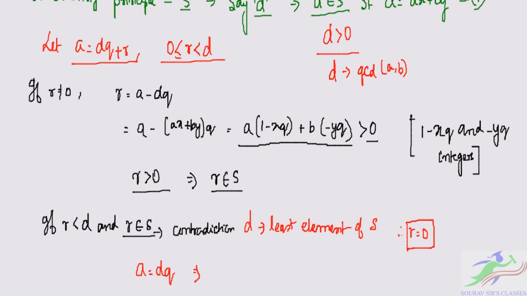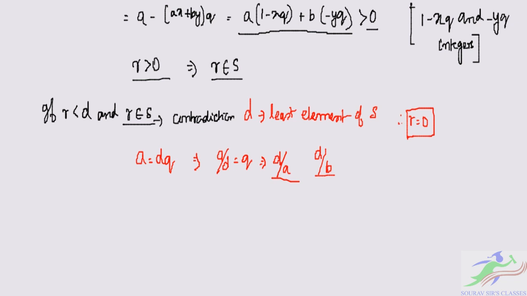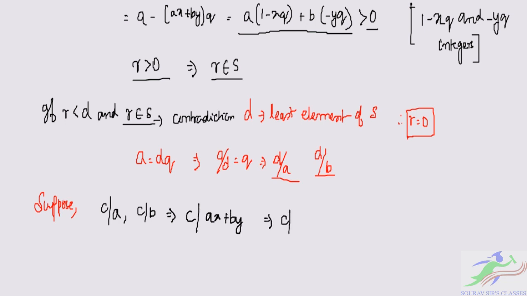So from here you can write A by D is equal to Q, or you can say D divides A. Similarly you can write D divides B. Now for C, suppose let us take that C divides A, C divides B. Then C divides AX plus BY, which implies it is C divides D, right?